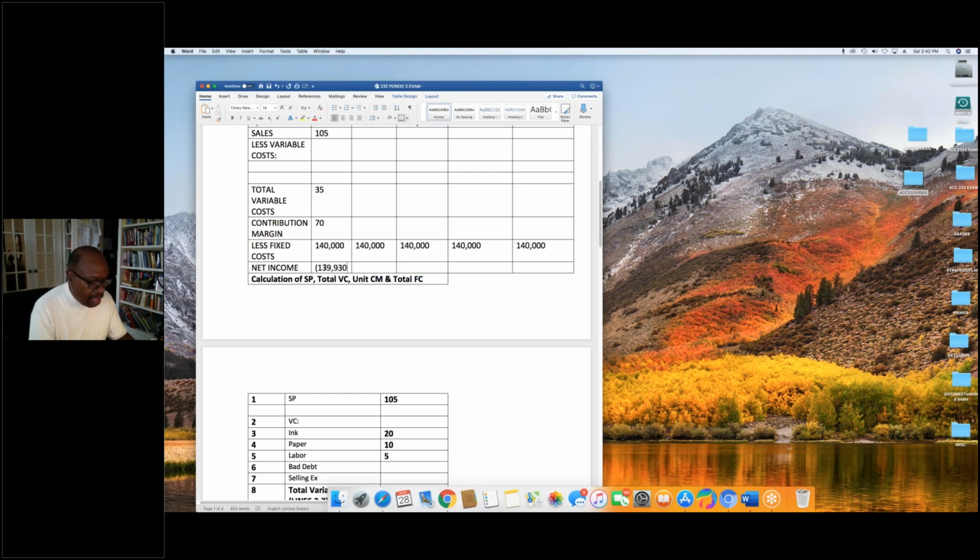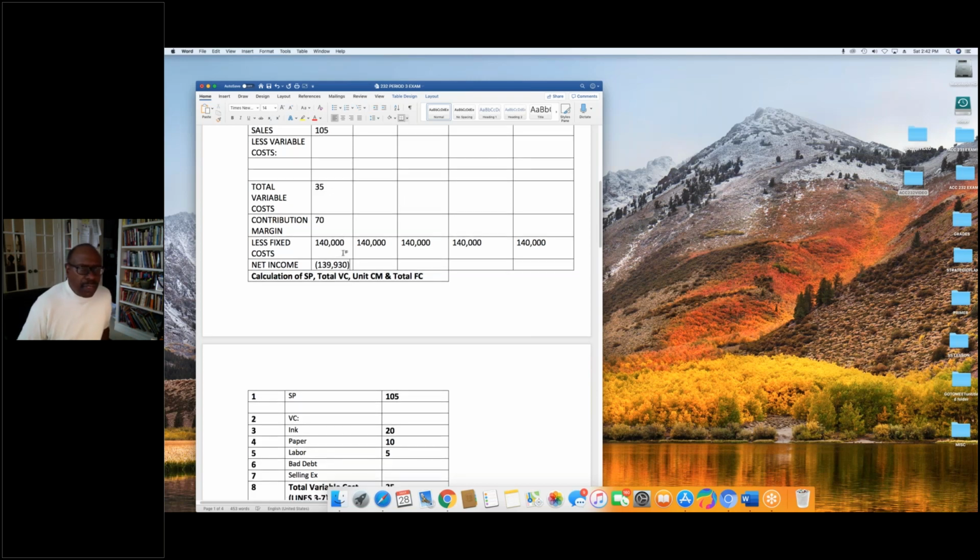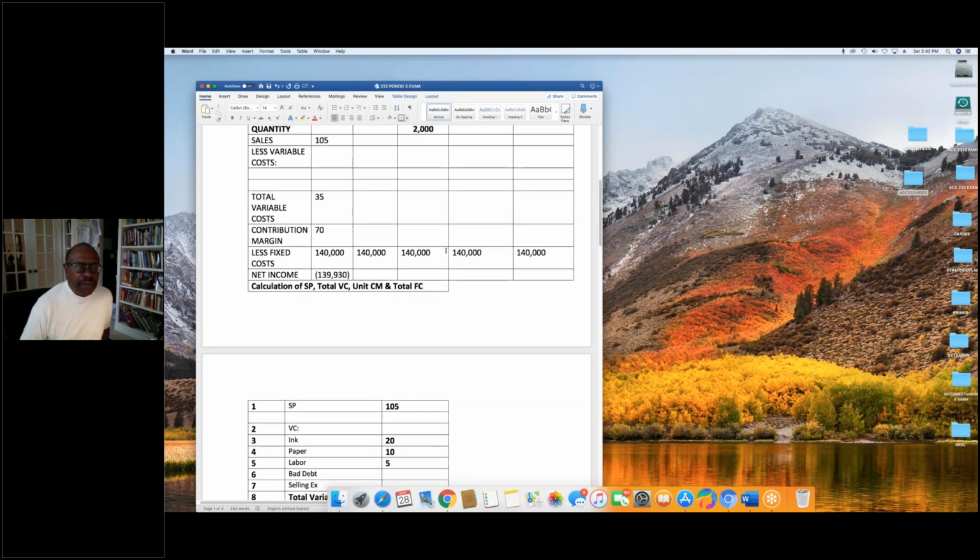So we would have a loss. What this is showing us is that we have to sell a bunch more just to cover fixed costs. That's what the contribution margin is about. How much do we make above cost, $70, to cover fixed costs and eventually make a profit?